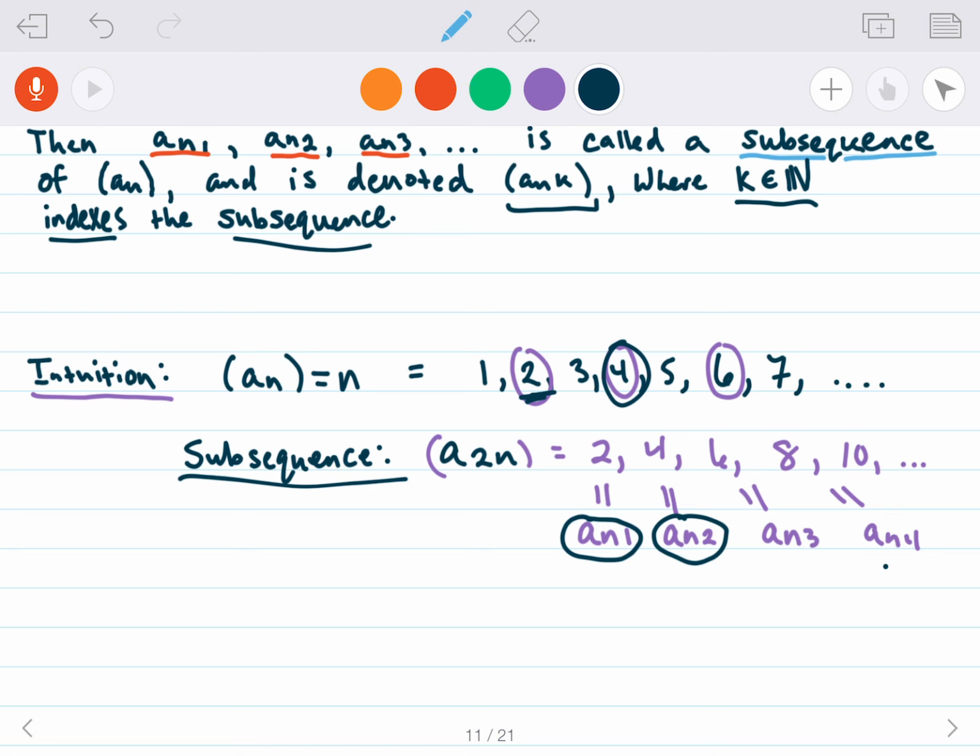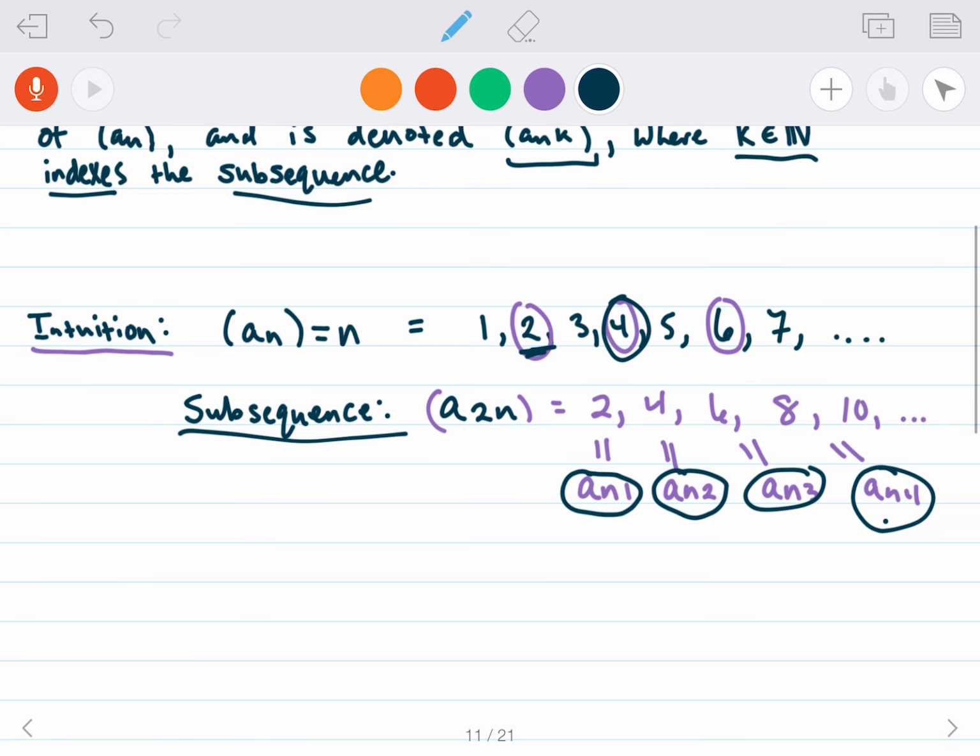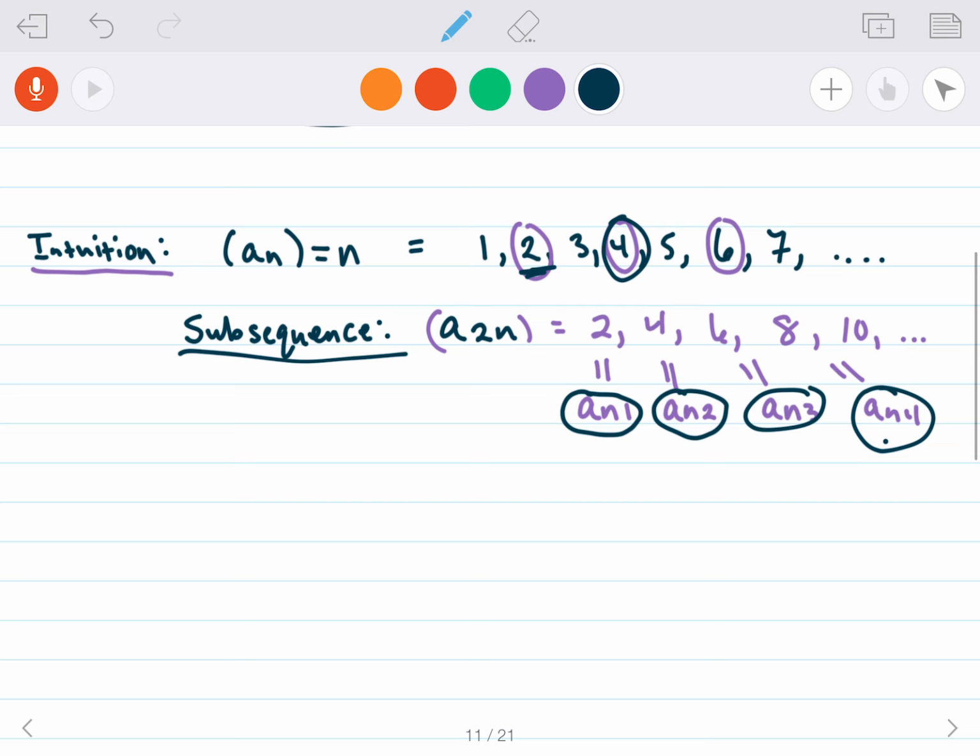We don't have to have a specific rule for defining a subsequence. All that matters is that your n1 is less than n2, less than n3, etc. Here, if we look at this guy, we have n1 equals 2 because it's the second term in our original sequence.